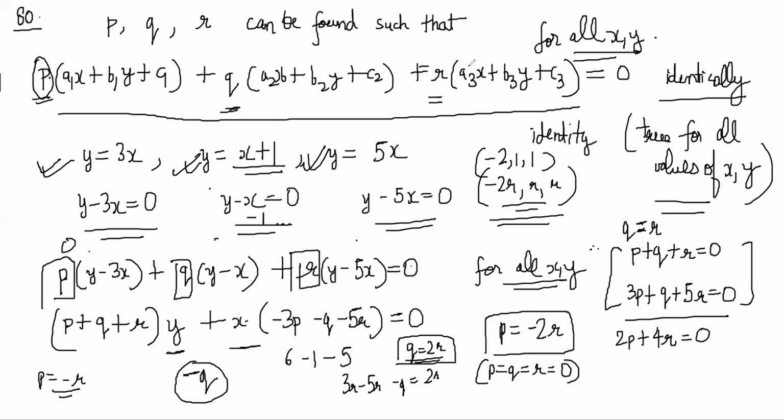And the constant term also, 15 minus 7, 8 minus 8, that also cancels. So for p, q, r equal to 3, 1, minus 1, we have this identically equal to 0. So then we are able to find p, q, r such that it is becoming identically 0. That means the lines are concurrent.